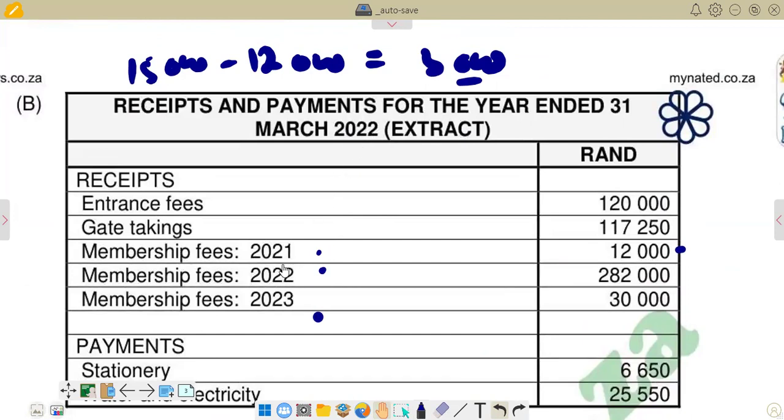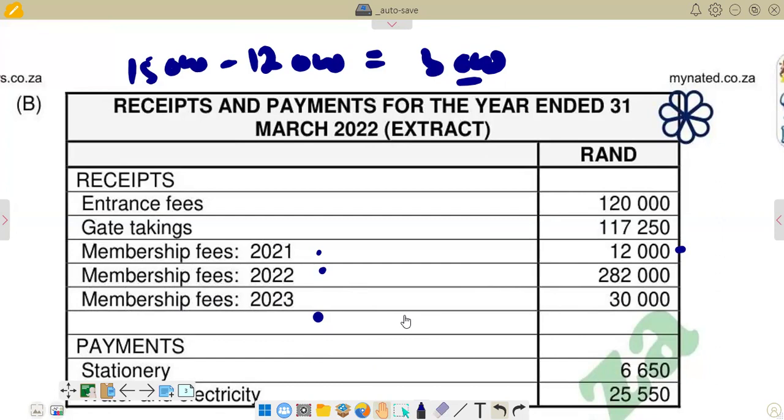But we have membership fees that were received for 2023. This was an advance receipt. Membership fees received in advance is 30,000. It belongs to the next financial period, so it is a membership fees in advance, which is a closing balance. Remember, this is at the end, so it is a closing balance.